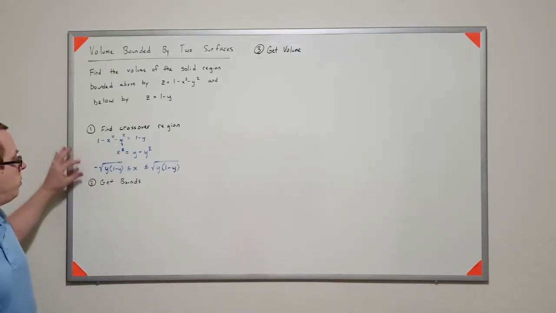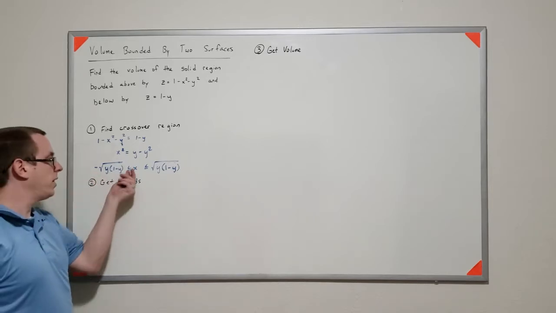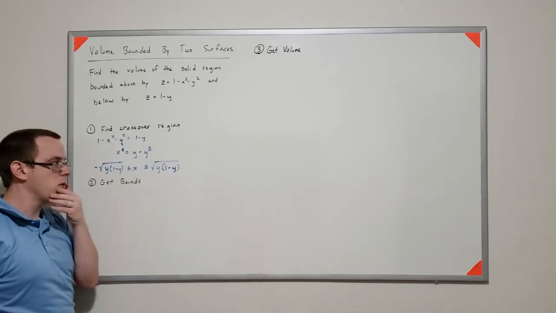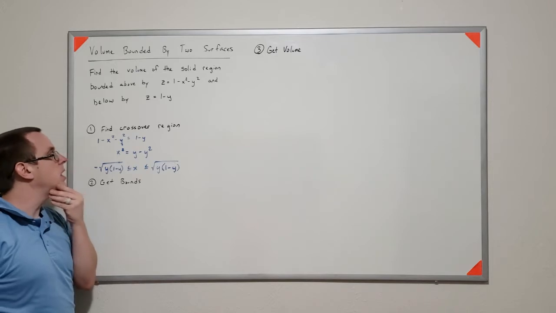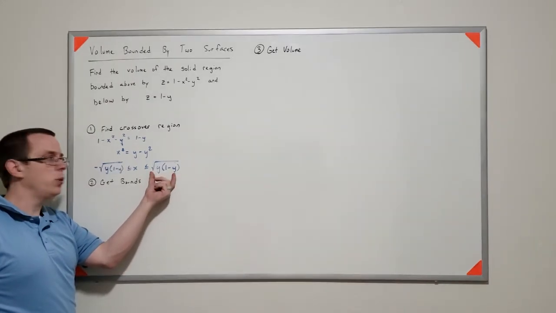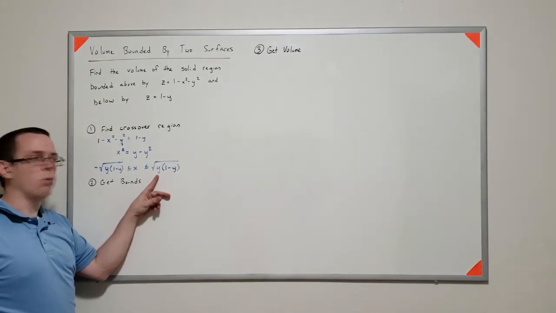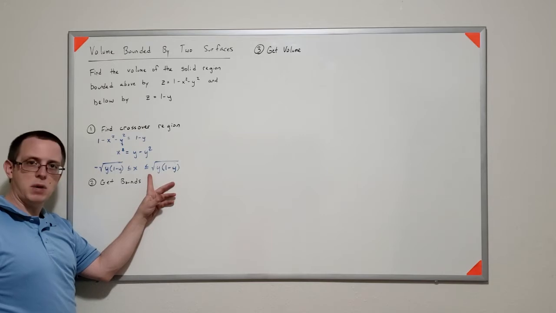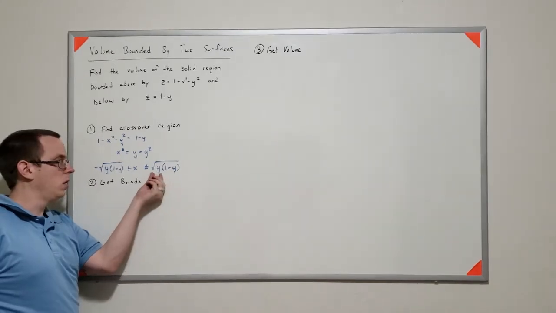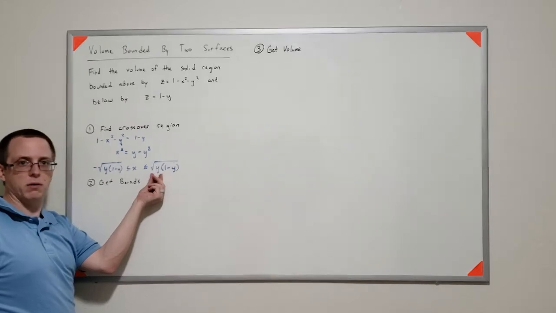The reason why you want to do that is for these bounds. So if you look at the fact that x can only go from here to here, what that tells me is that you can't have a negative in a square root. So y can't be negative, right? It can't be negative here, or this value would be positive and this value would be negative, so that blows up.